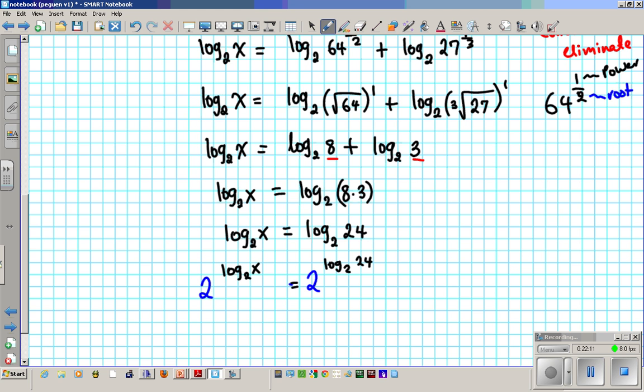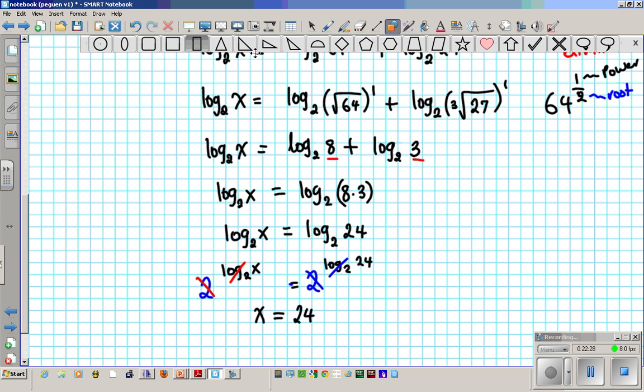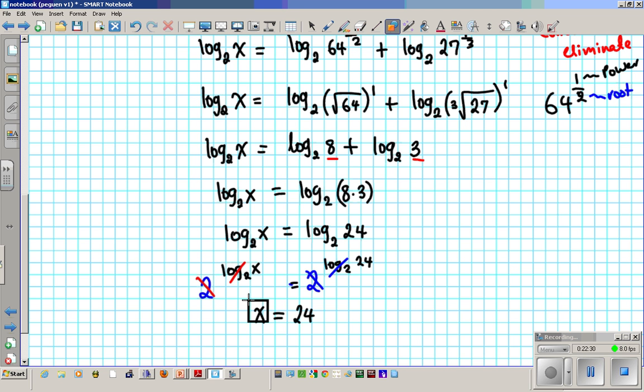Okay? On the left side, this 2 and that 2 cancel out, and you're left with x equals, on the right side, this one cancels out, x equals 24, end of story. Okay? So that's how this works.